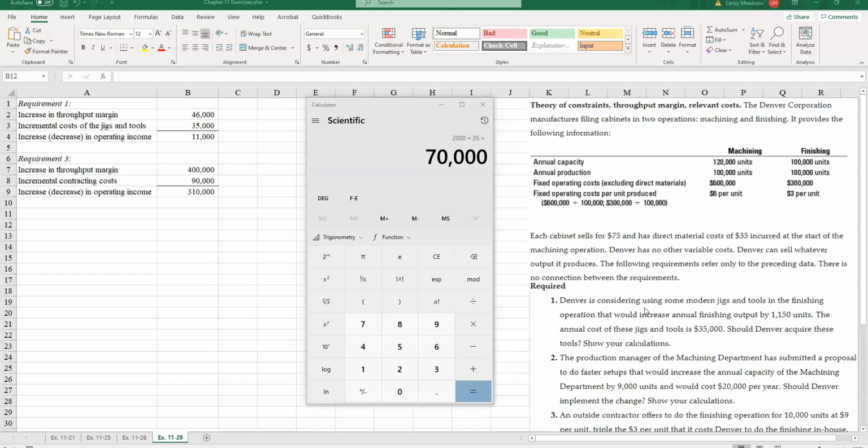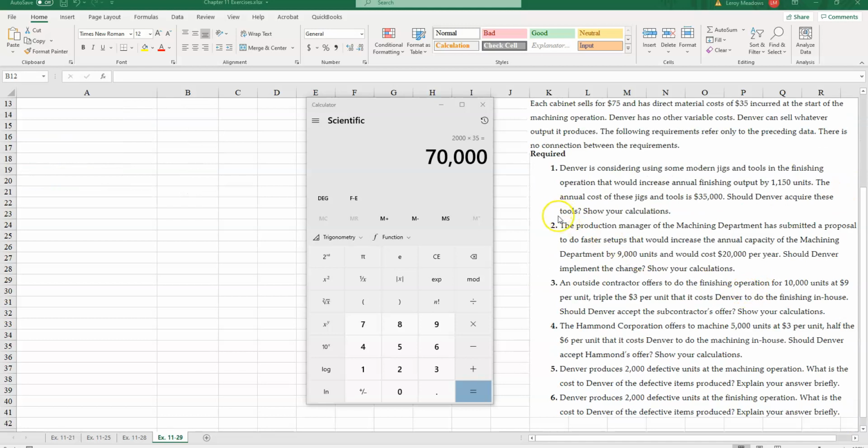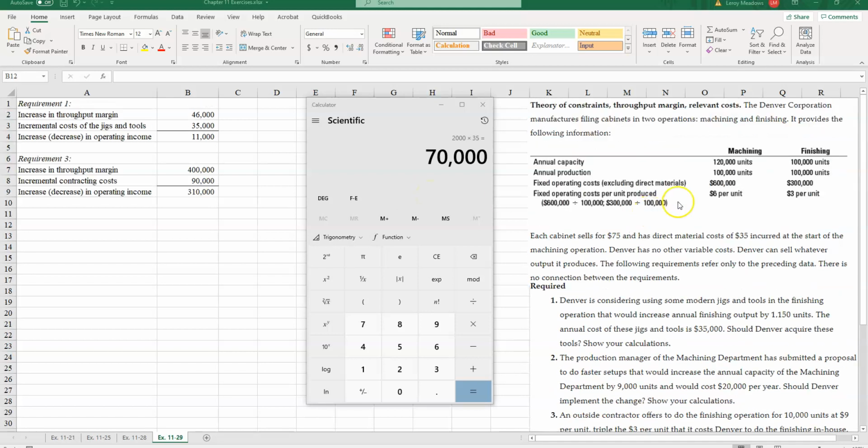Had this been in the finishing department, then we might consider a loss of operating income or contribution margin as well. Now we are going to lose operating income because we're throwing away $70,000, but we're not losing any annual output because this is not the bottleneck of operations.